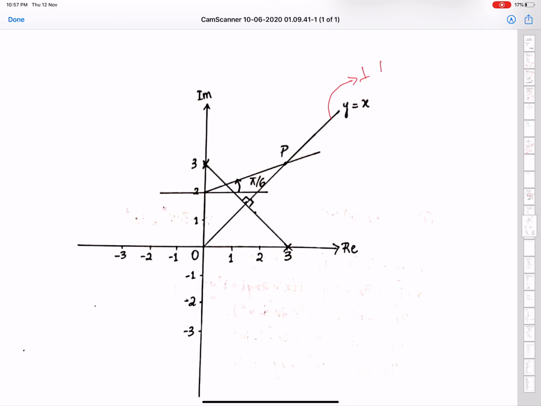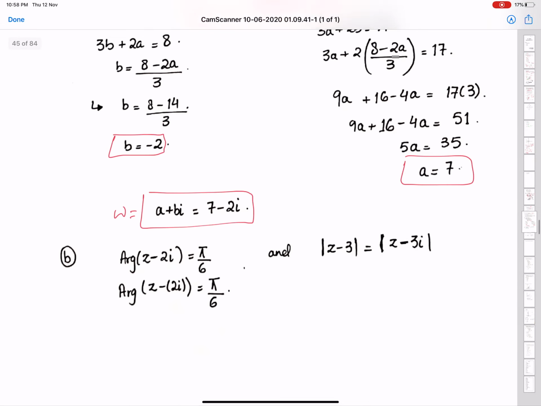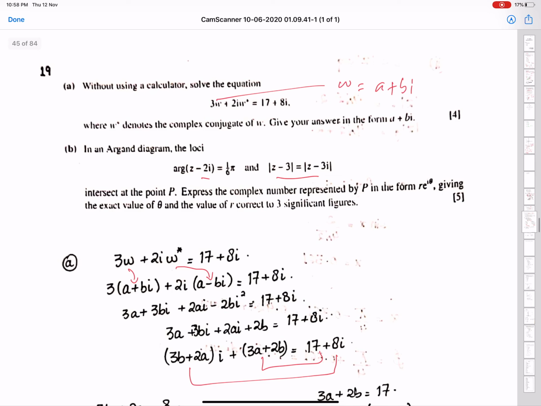So this is the perpendicular bisector of 3 and 3i. And this is the argument line from 2i. Argument from 2i and the angle is pi by 6.